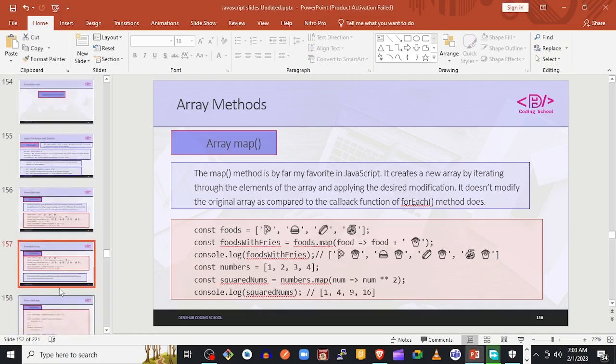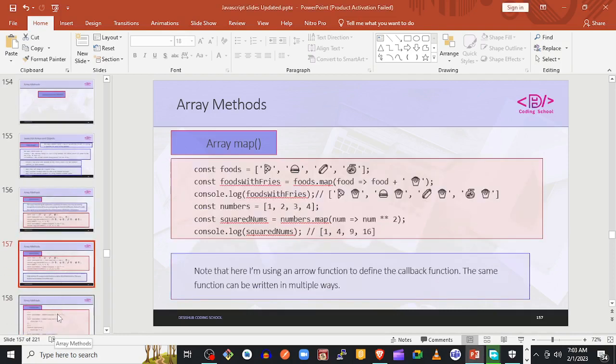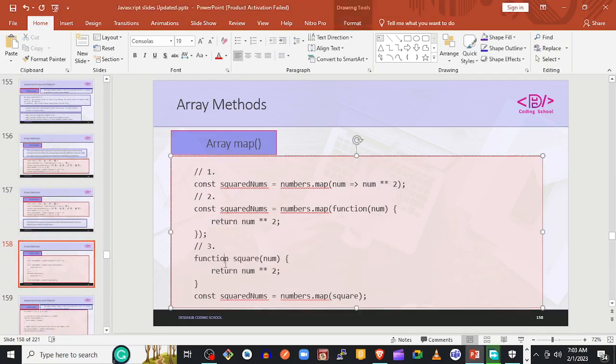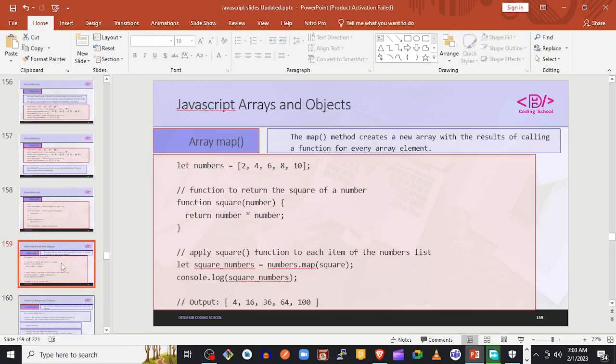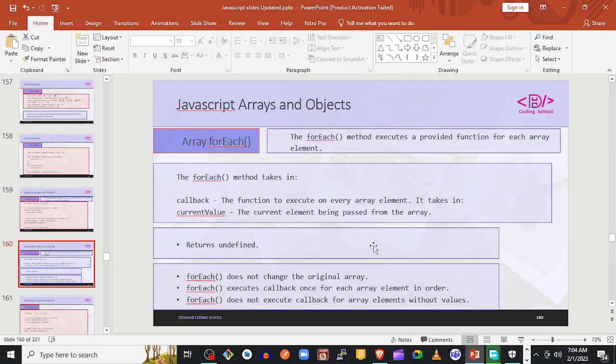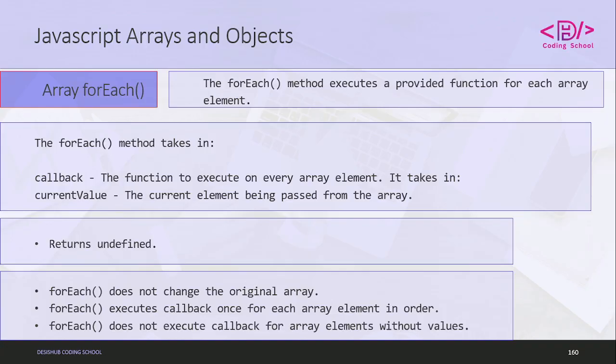We could talk a lot about the array map method, but you have to remember it takes in a function, and the function is going to have access to the item in the array. Okay, so let's look at another method, which is going to be the forEach method. The forEach method is basically the same as the map method.